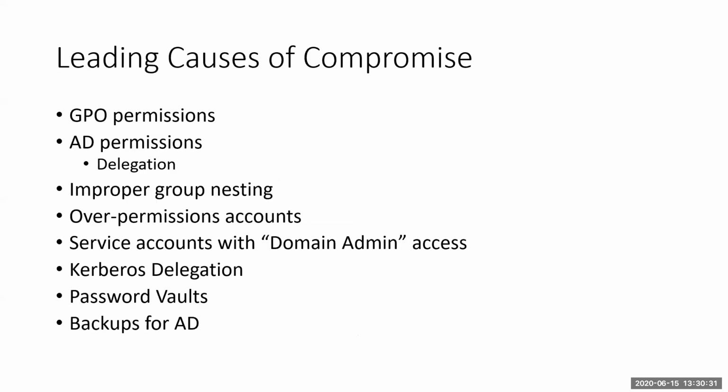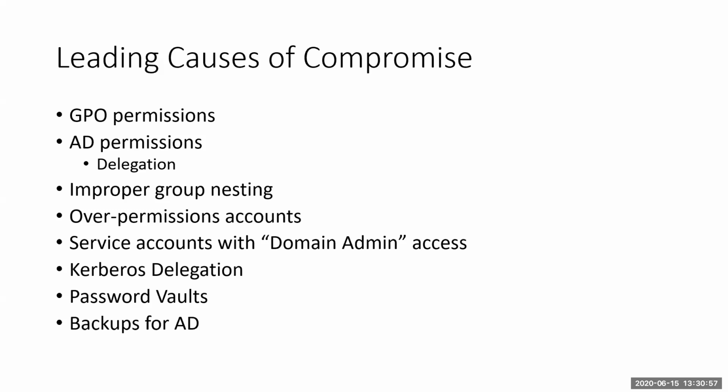The leading cause of compromise in an AD environment: GPO permissions, AD permissions. This is with delegation attacks, improper group nesting, over-permissioned accounts, service accounts with domain admin access, Kerberos delegation, and password vaults. If you have password vaults stored on machines, attackers will go for those.